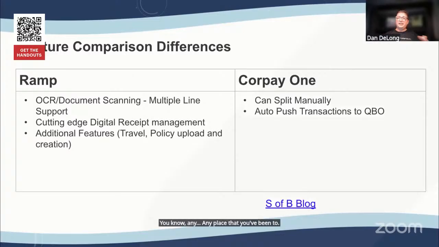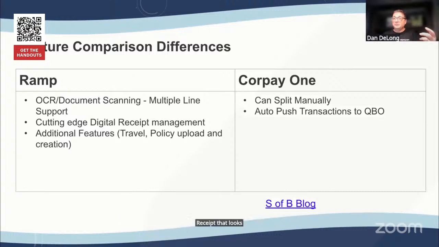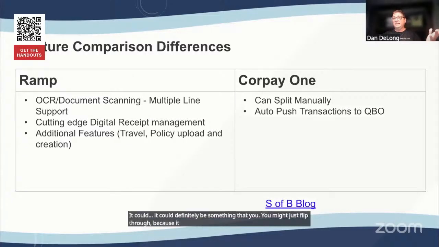Like you can take a Home Depot receipt or Walmart receipt and train AI to create a receipt that maybe has a coffee stain on it, or it's wrinkled, and to the blind eye, it could definitely be something that you might just let slip through because it looks real.